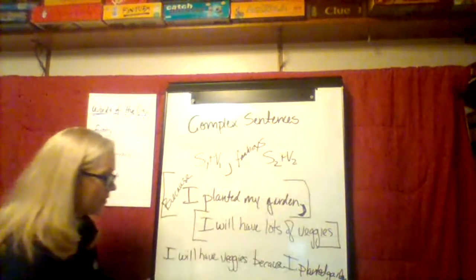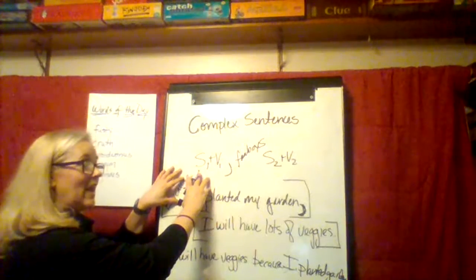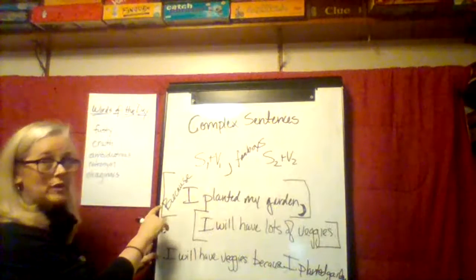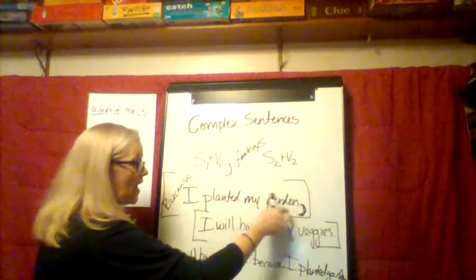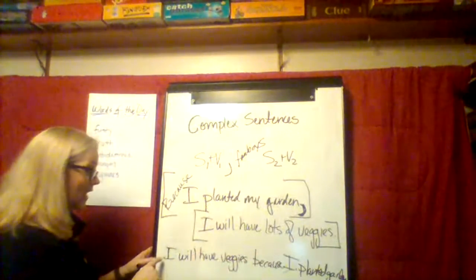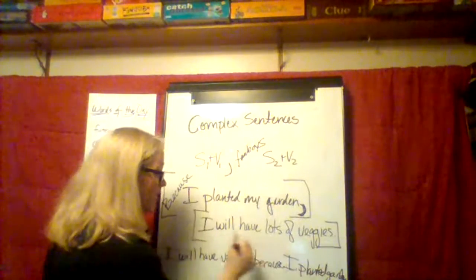Sorry, it's a little smushed there. So I changed this. I took the dependent clause that was at the beginning and I moved it to the end of the sentence. So instead of reading, because I planted my garden, comma, I will have lots of veggies, now I've switched it and I say, I will have lots of veggies because I planted my garden.